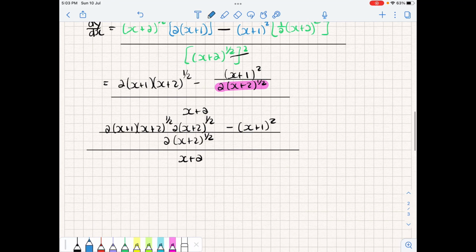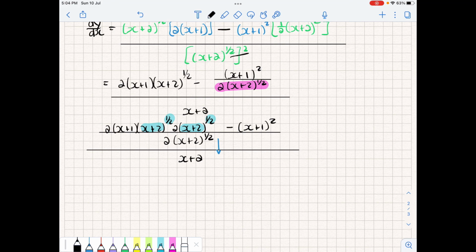So I can move this down, because I have something divided by something. I can put the denominators together, and I can tidy up the top. I'll notice that I'm multiplying two things with the same base, so I can add their exponents, and the half plus a half is going to nicely cancel out into x + 2.